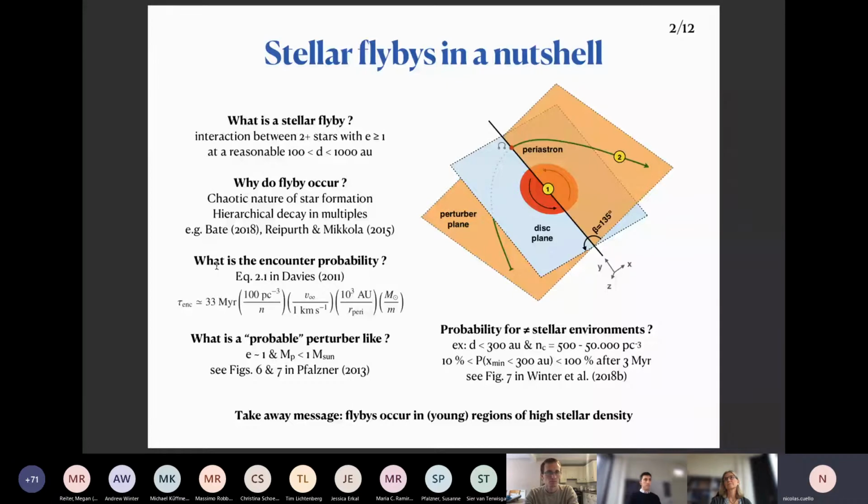This is something that Andrew Winter and collaborators looked at a couple of years ago. If you take, for example, a minimum distance of 300 AU and a fairly dense environment, you find that the probability of experiencing an encounter after 3 million years is between 10 and 100%. So the takeaway message here is that flybys occur in young regions of high stellar density.